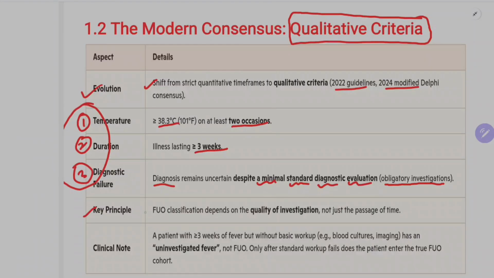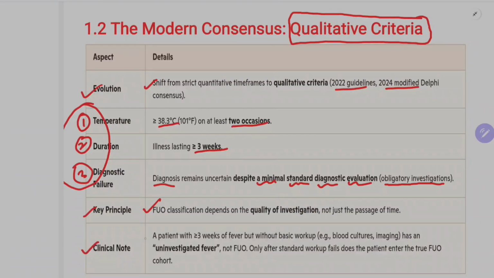The key principle is that FUO classification depends on the quality of investigation, not just the passage of time. Previously it was 1 week of inpatient investigation. That is not there now. What is more focused now is the quality of investigation.